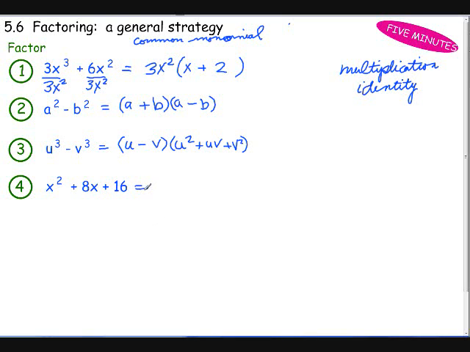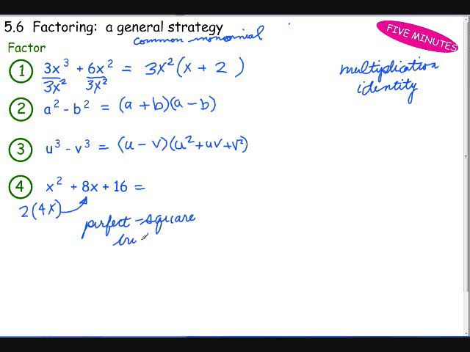And this one, I hope you recognize this pattern. This is a perfect square. This is a perfect square. x times 4, right? So the square root of this times the square root of that, and then we double it. If we can do that, then we know we have a perfect square trinomial.